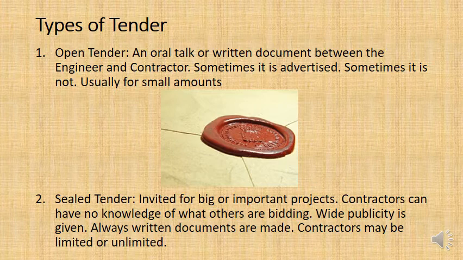If it's a really big project, though, and it goes into the millions of dollars, which civil engineering projects do have a tendency to do, you need to basically form what is called a sealed tender. Now, if you are the sponsor or the sponsor representative, as the engineer, you will be inviting people to bid for this work.